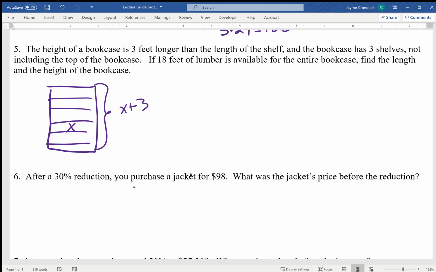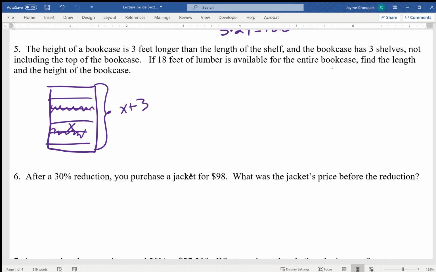The bookcase has 3 shelves, not including the top of the thing, so I gave it way too many shelves. So we're going to take out that shelf, and we're going to take out that shelf. There we go. All right, so we've got 3 shelves, not including the top of the bookcase. If 18 feet of lumber is available for the entire bookcase, find the length and height of the bookcase.